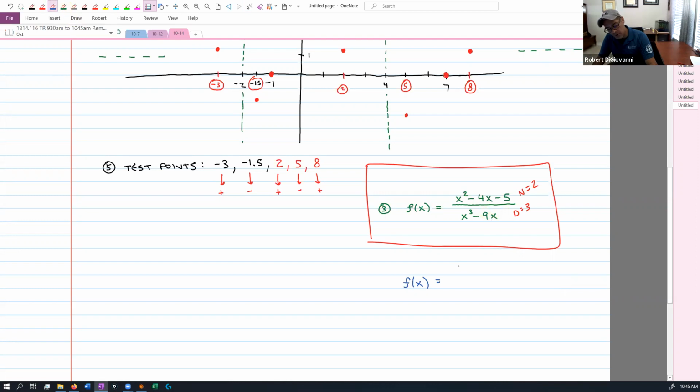I don't want to make it too complicated. Let's go 5x plus 8 over x squared plus 5x. There we go.